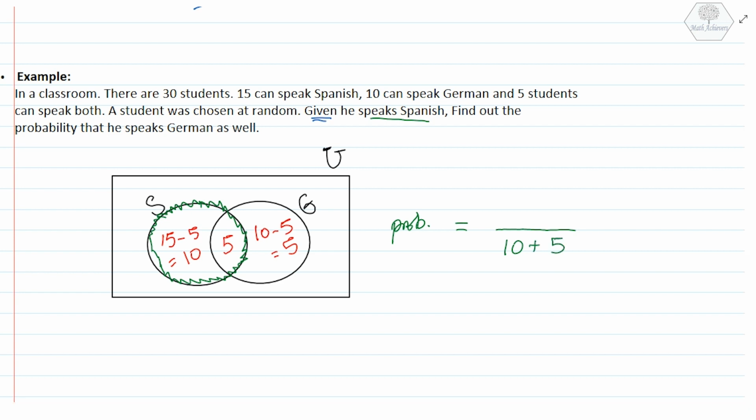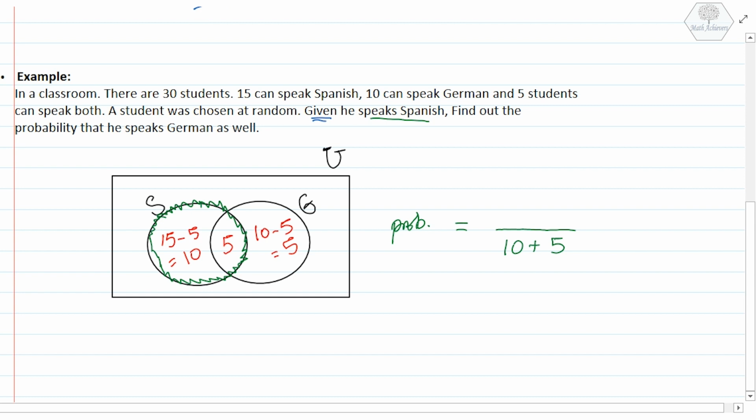And from the students who speak Spanish, we want to find the probability that he speaks German as well. Where is the intersection between the German language and the Spanish language? Here is the intersection, so I have 5 students. So I end up having my probability equal to 5 over 15.